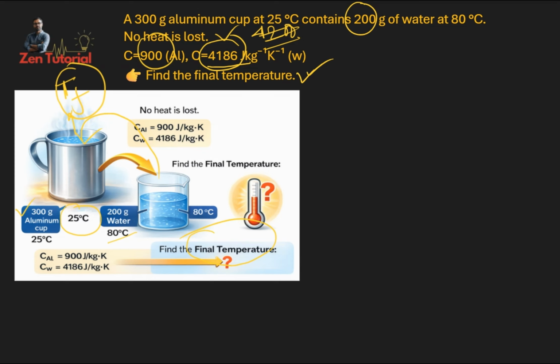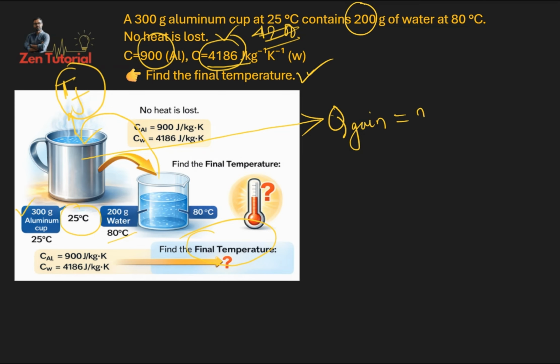So within this interaction between the water and the aluminum container, there will be two incidents. By the aluminum container, heat is gained because the hot water of 80 degrees Celsius, when poured into the container, gives heat to the aluminum container.